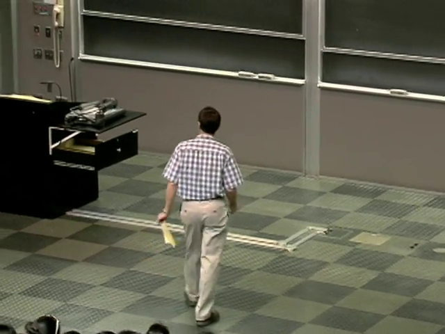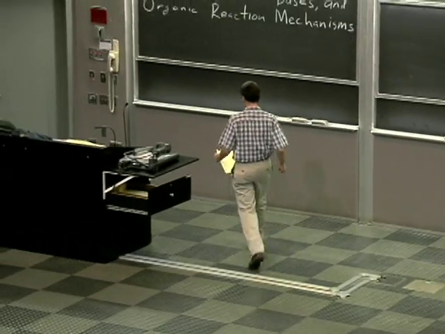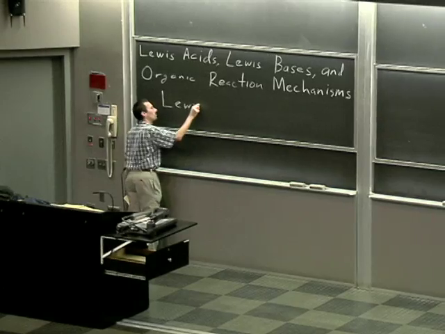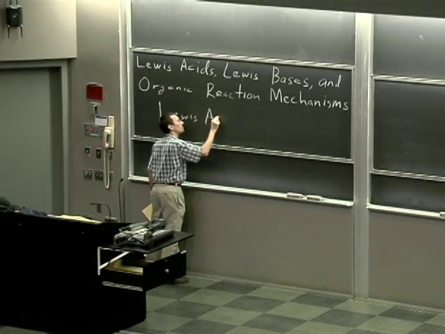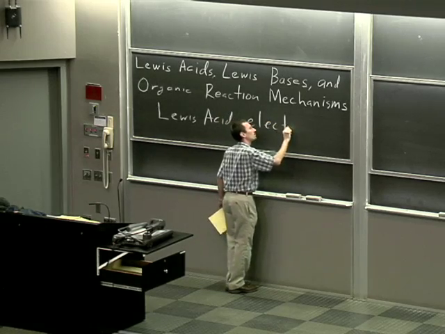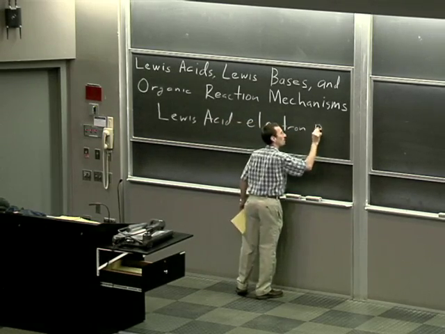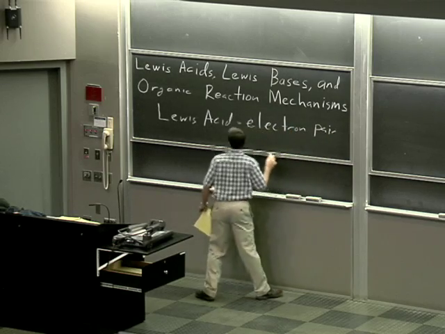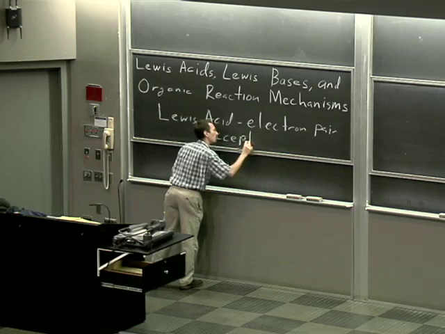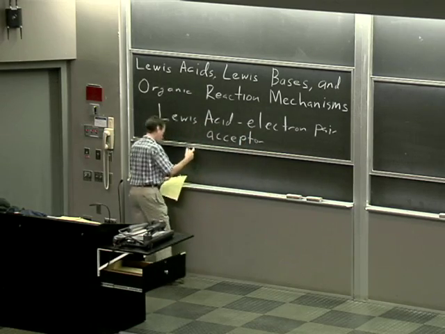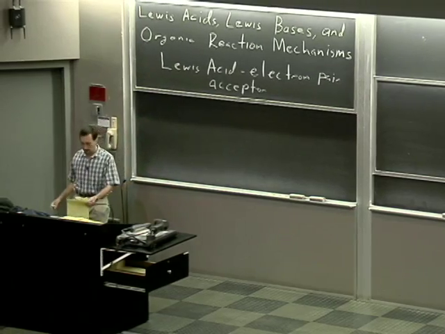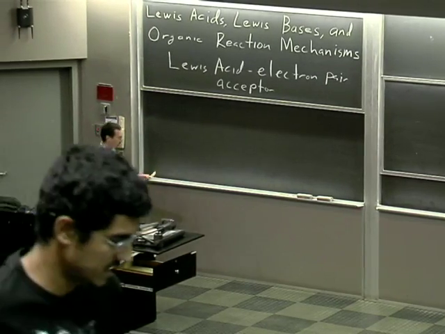So a Lewis acid is an electron pair acceptor. And a Lewis base is an electron pair donor.